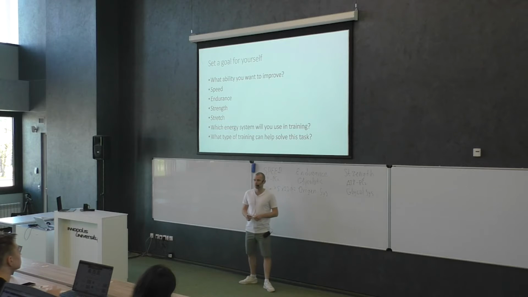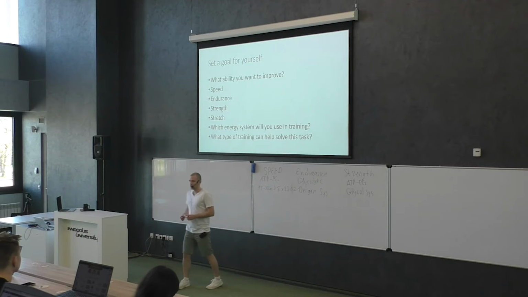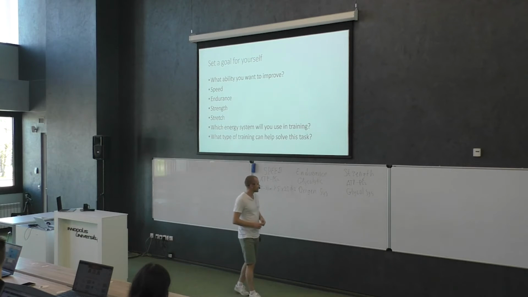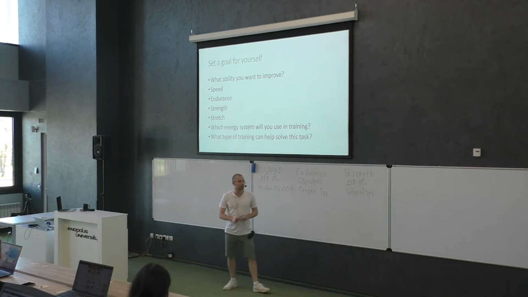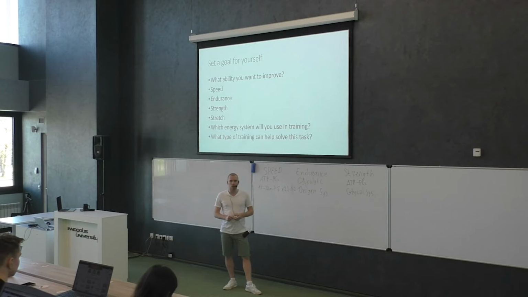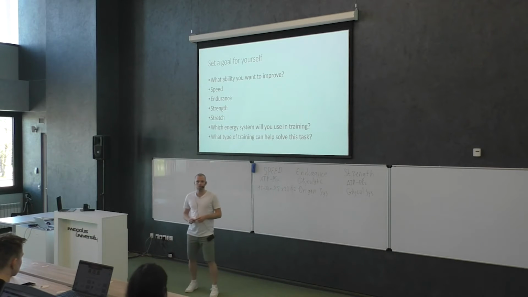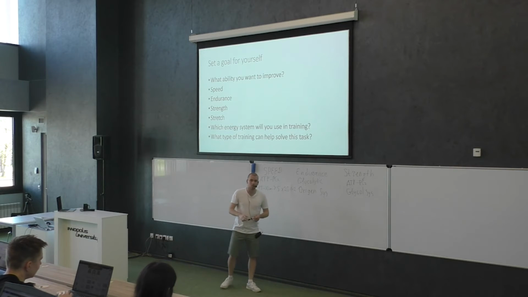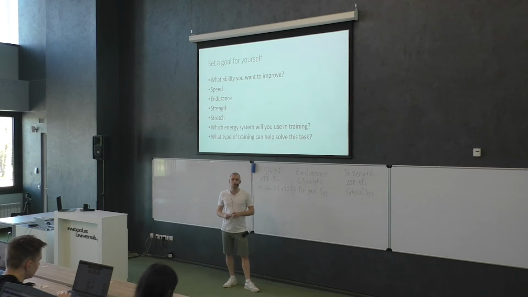How many kilometers an hour? About 20 kilometers or 25. Okay. Anyway, in this minute, you can run 30 seconds or a minute, you can run some parts of 100 or 200 meters.